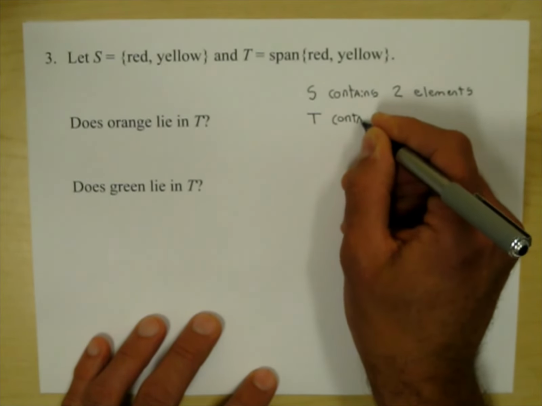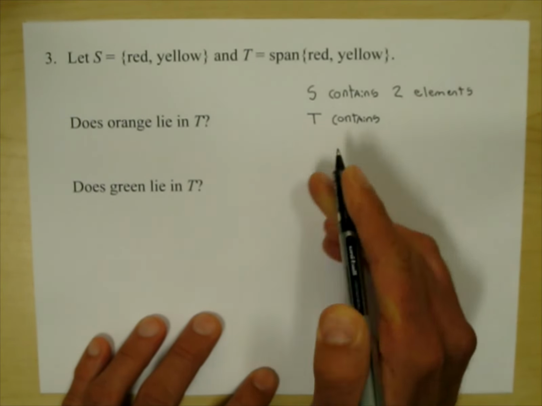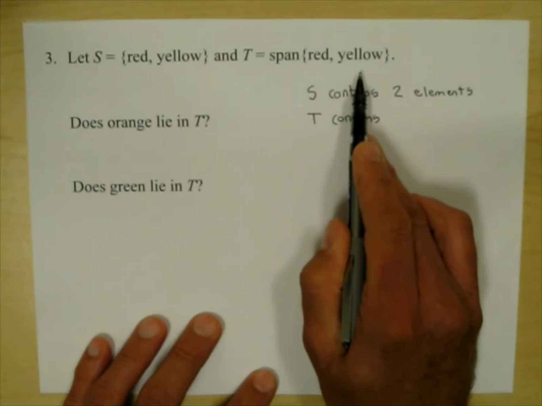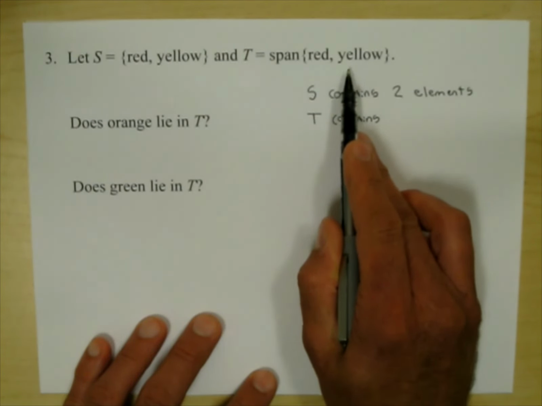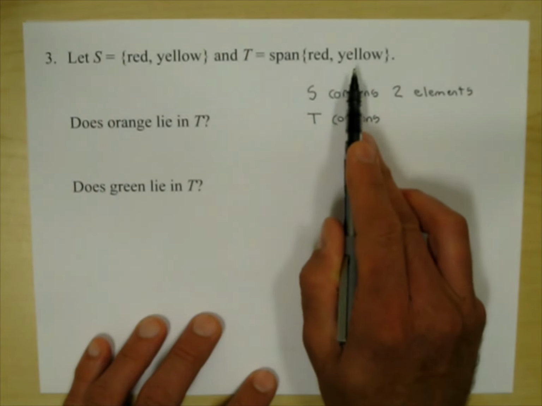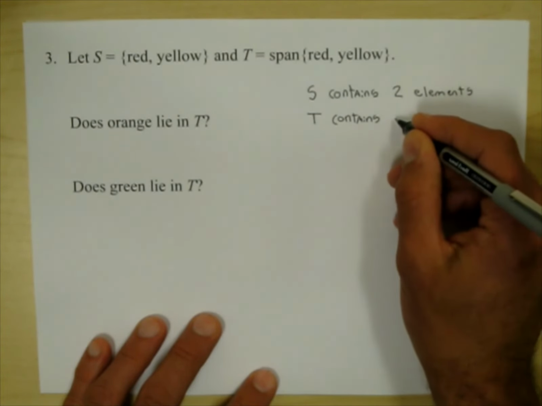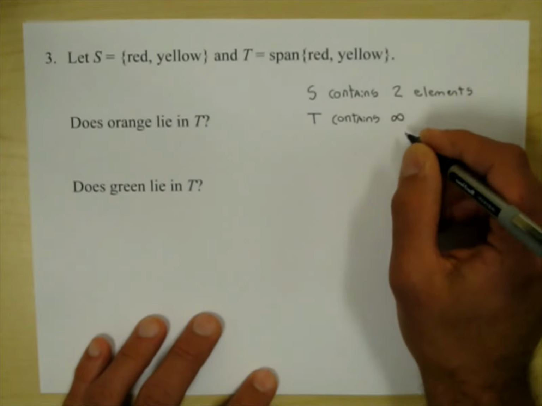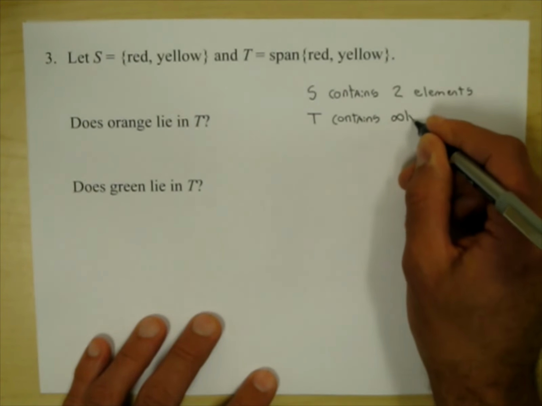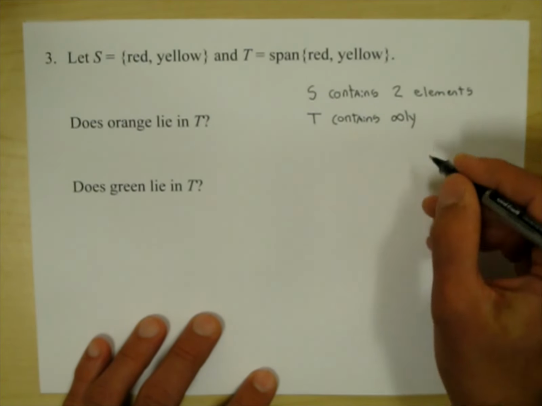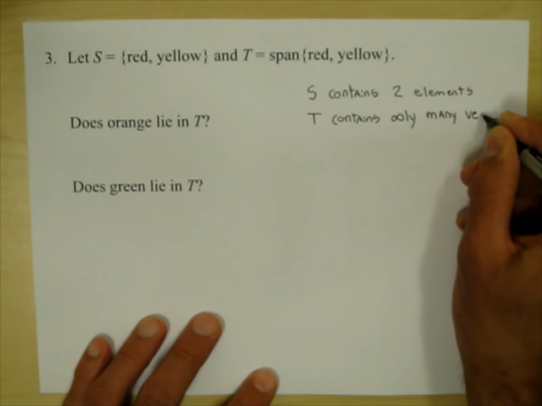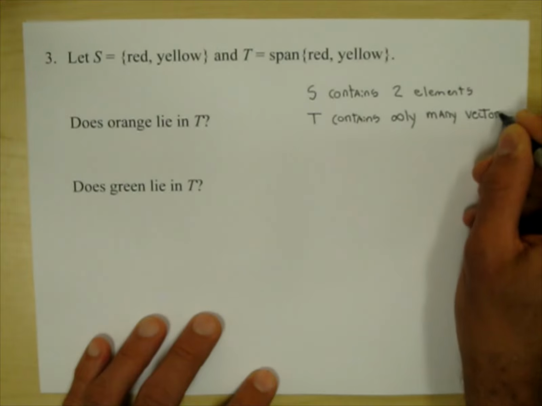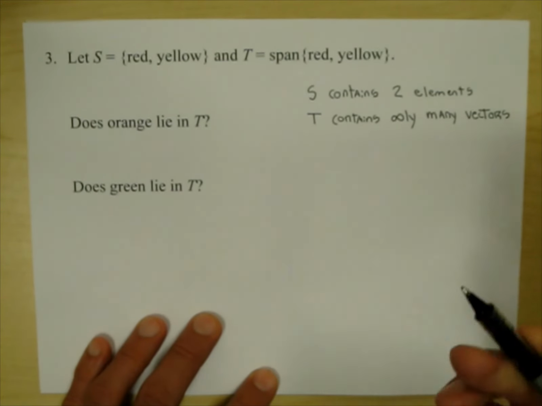Well, how many different ways can you mix red and yellow? We can do 3 parts of red with 2 parts of yellow. There's infinitely many ways you can mix those. So T contains infinitely many vectors. Or maybe I should have said elements, because I said elements there.